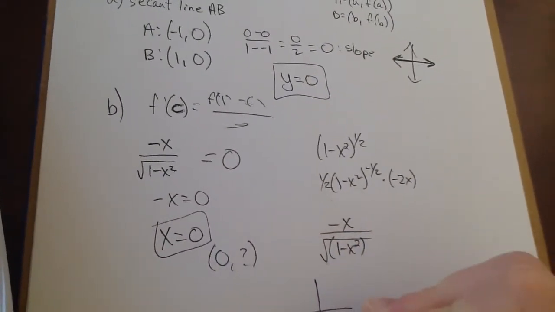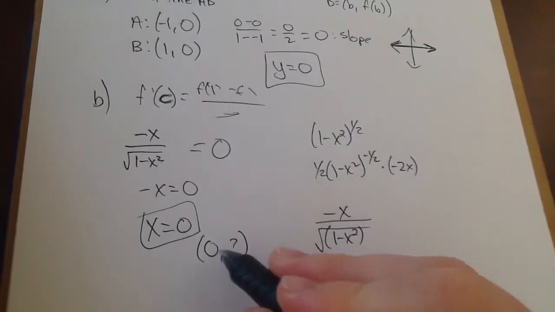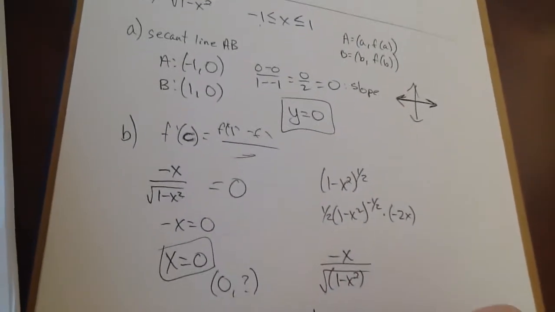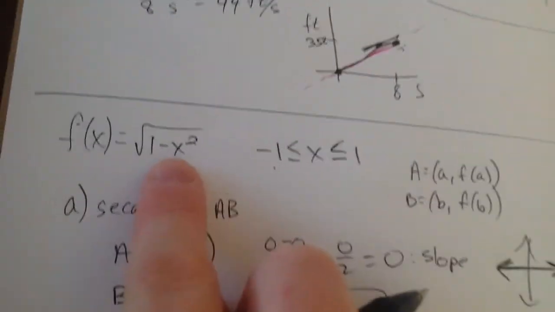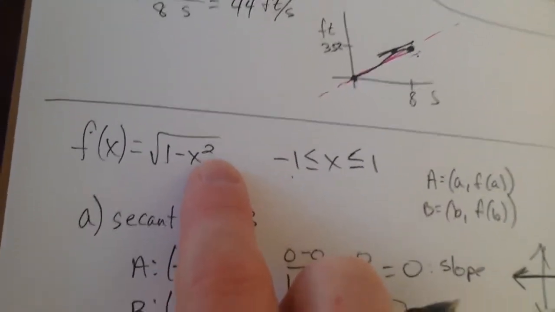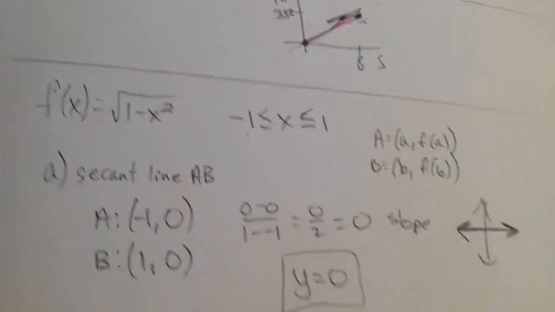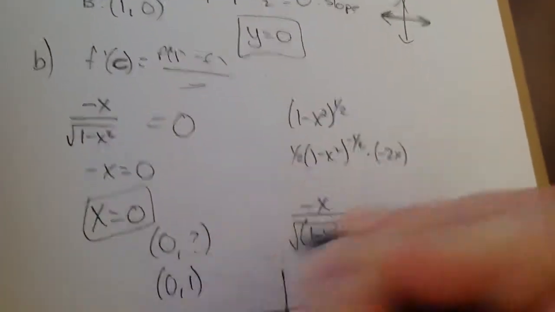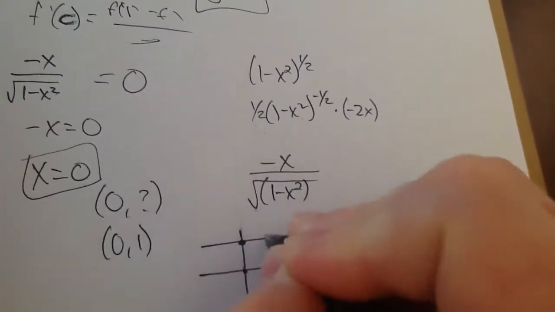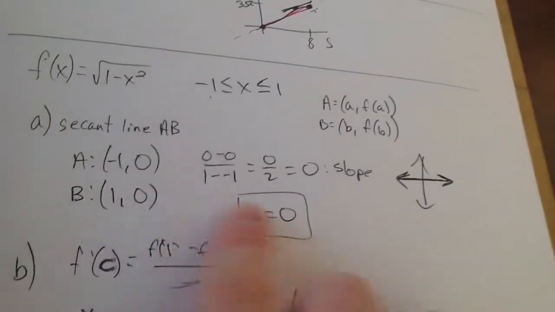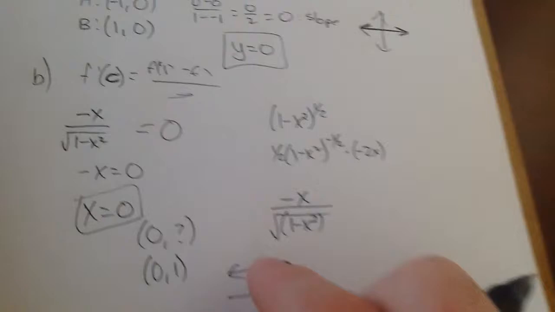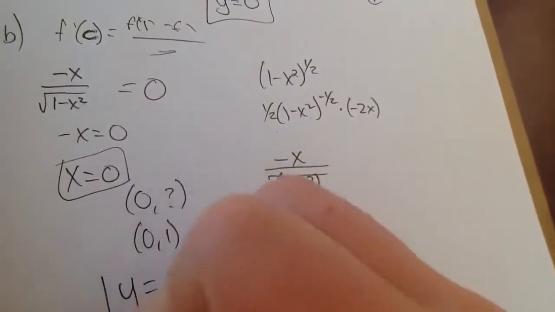How high or up do I need to go? Go back to the original, plug in 0 for x. So you get the square root of 1. So at 0, 1, my slope is 0. So that'll be right there. So my equation of my line that's parallel to this line, this one was y equals 0, this one is y equals 1.